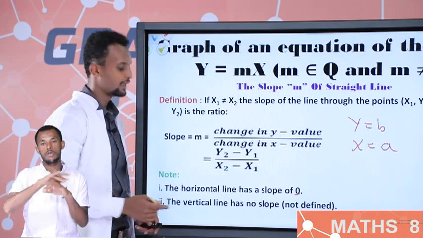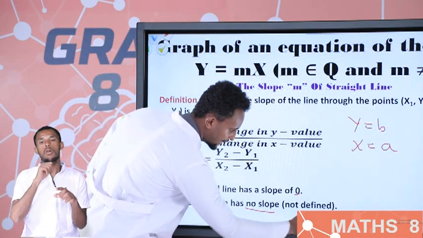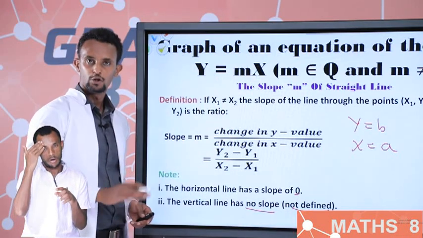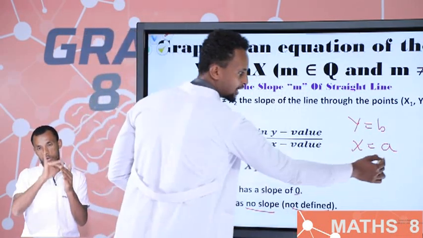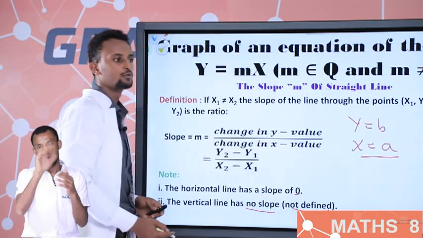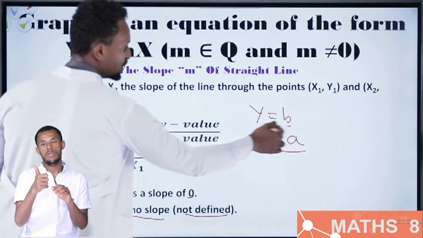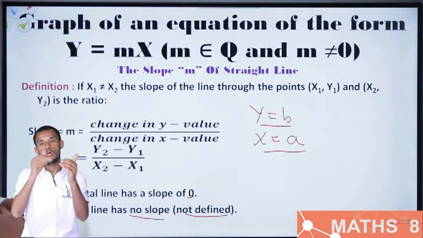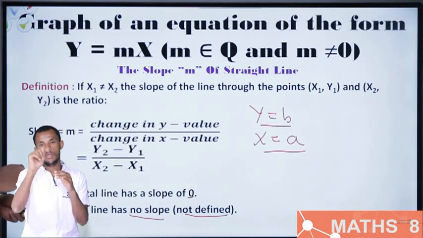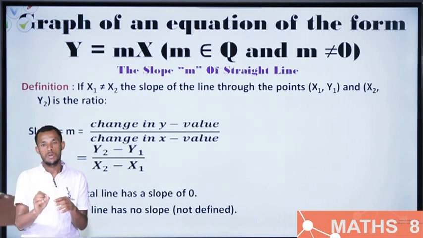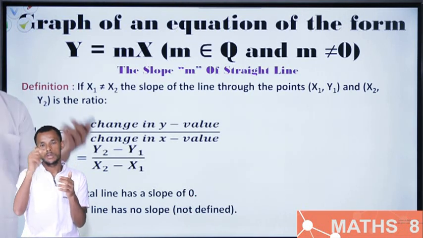The slope of a vertical line is not defined or has no slope. Therefore, for any equation x is equal to a, it does not have a slope. But if the equation is y is equal to b, the slope of the line is 0. The other is y is equal to mx, where the value of m is different.